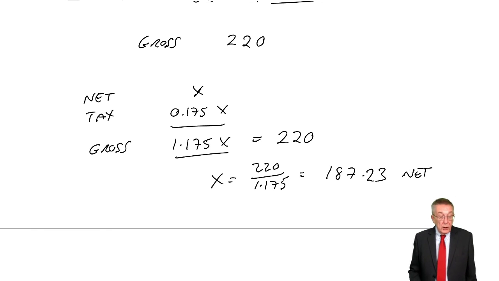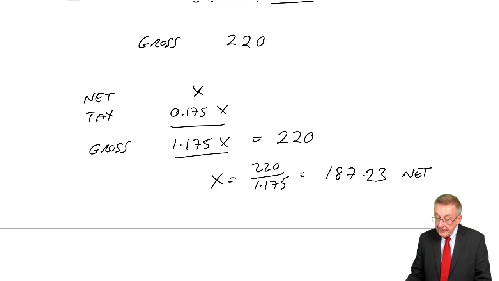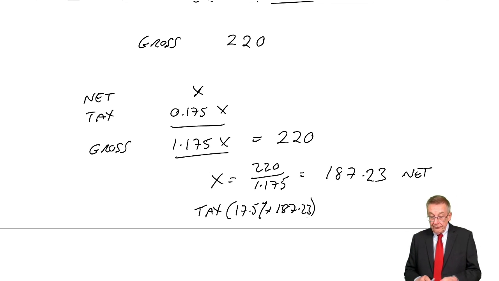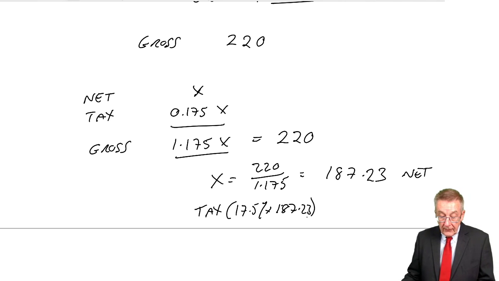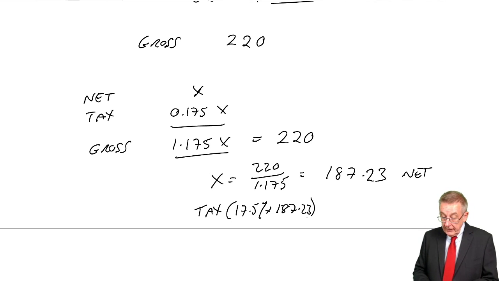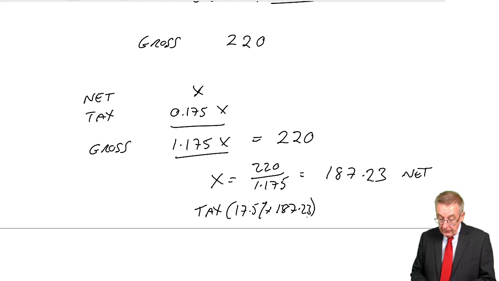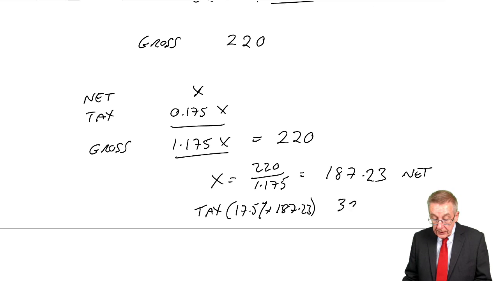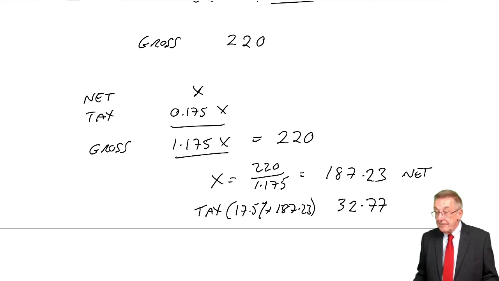He wants to know also what the amount of the tax is. Well, the tax is 17.5% always of the net price. Oh dear, sorry, it's gone on again. 187.23 times 17.5% is 32.77.